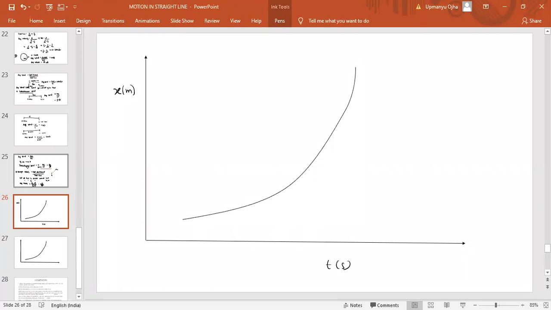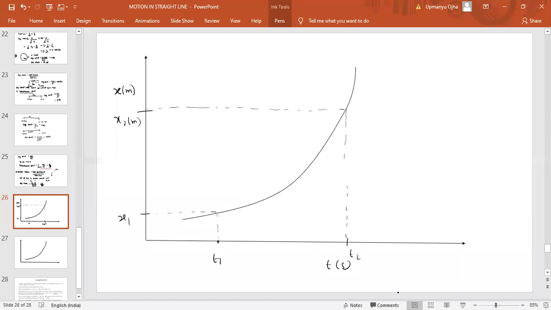Now if you take this condition, at time t equal to t1 second, the particle was at x1 position. At time t equal to t2 second, the particle was at x2 meter.